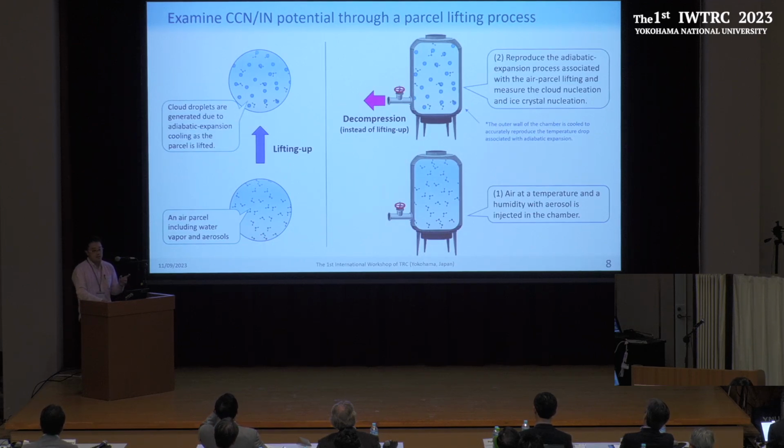We can change the initial condition of the air inside this chamber, more humid or higher temperature, or we can change the particle size or the particle number of the aerosol, so we can check the efficiency of our artificial aerosols.